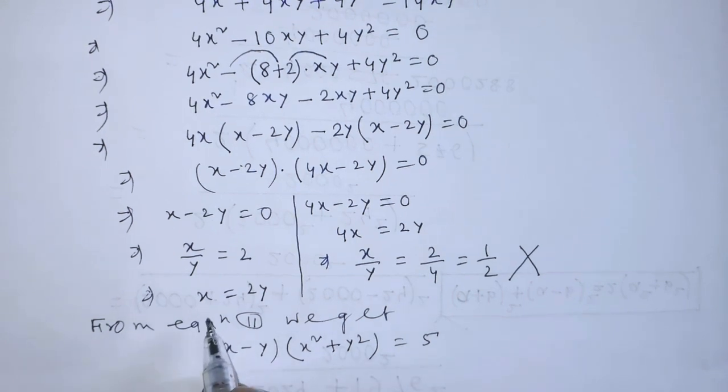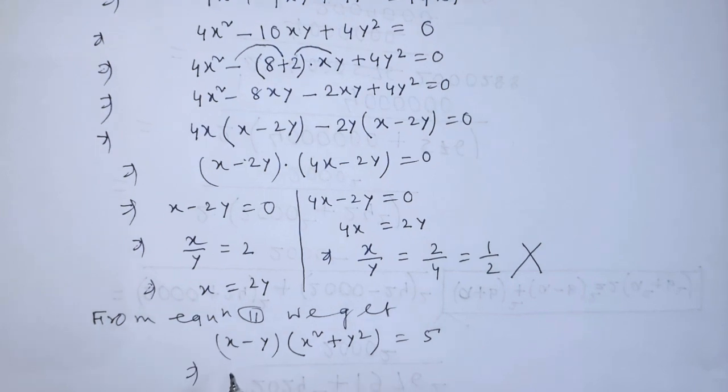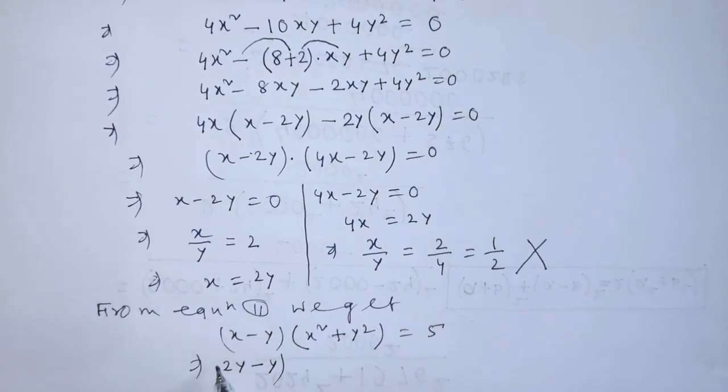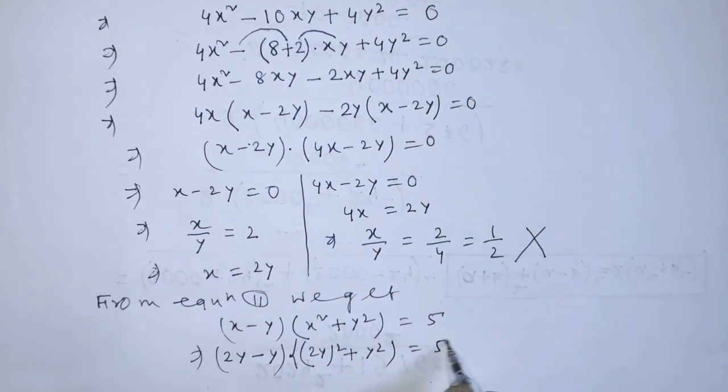So now we can put the value of x on the left hand side of this equation. So we can write from this equation 2y minus y times 2y whole square plus y square is equal to 5.